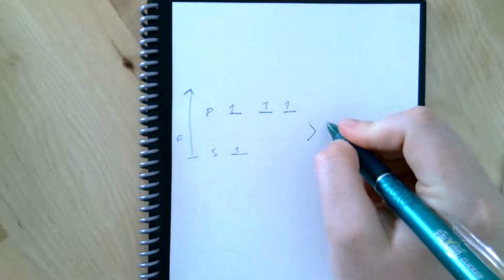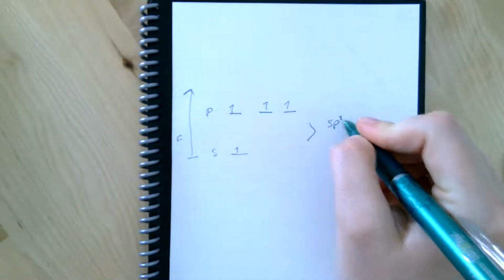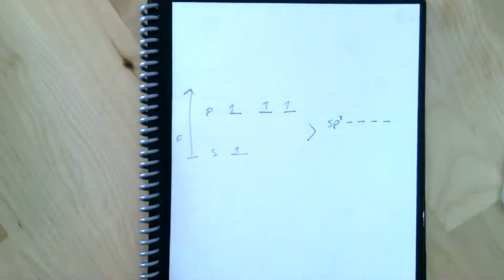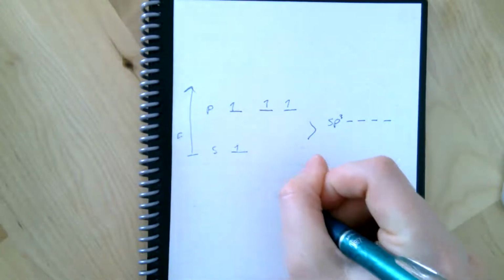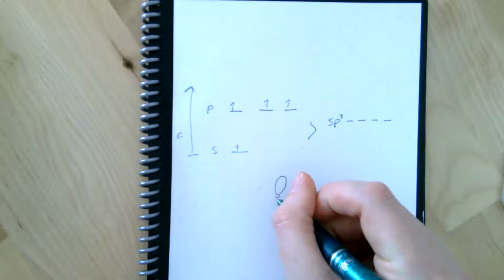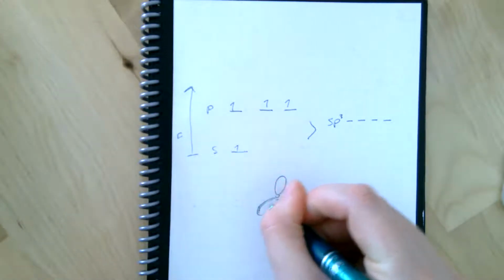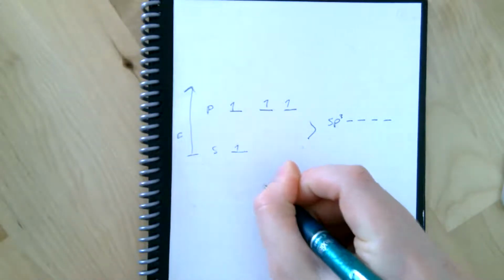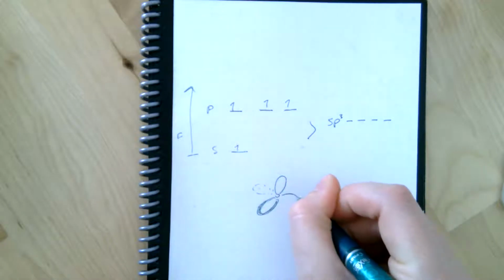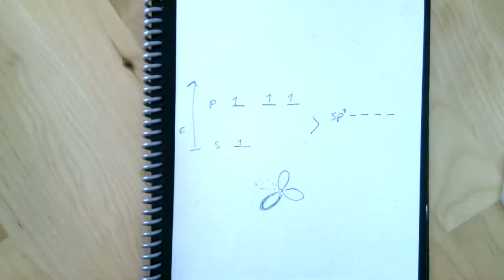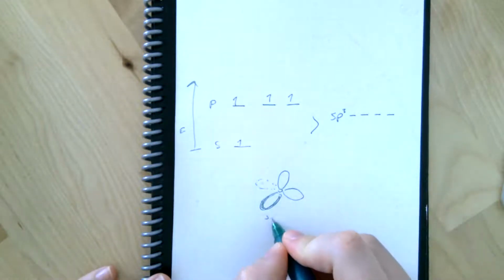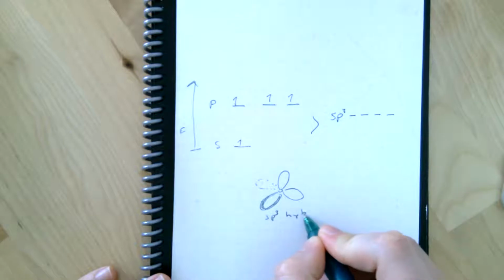So instead, it makes hybrid orbitals where it has 4 sp3 hybrid orbitals. And that's how you get that tetrahedral shape that we know and love, that's got the wedge coming towards you and the dash going away from you. Because there's 4 orbitals and they kind of have to be evenly distributed. So this is 4 sp3 hybrid orbitals.